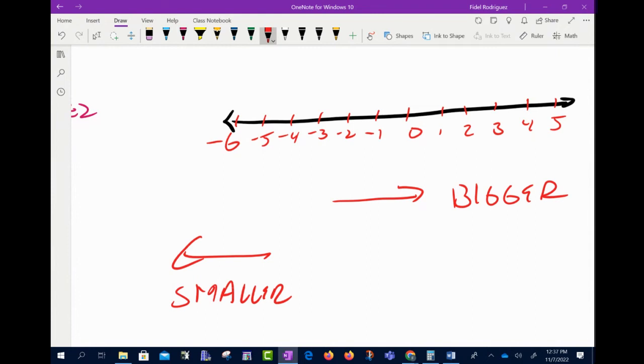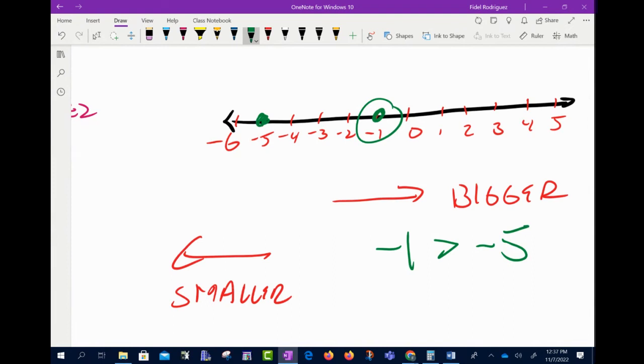So they might ask you, Miss or Sir, what do you mean by that, okay? And I would say, look, let's pick 2 numbers. Let's pick -5 and let's pick -1. And if we want to know which number is bigger, numbers to the right are bigger. So -1 is actually bigger than -5.